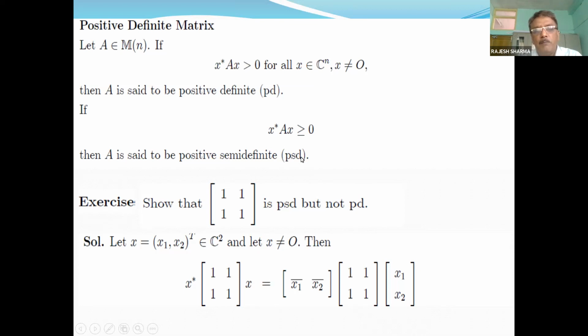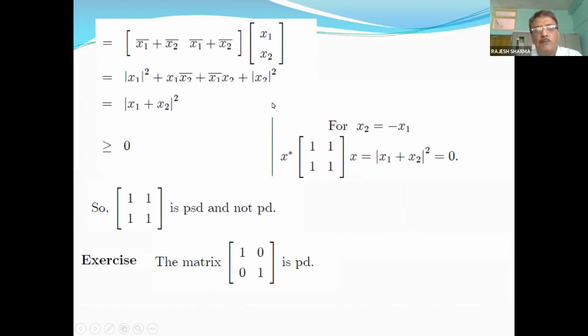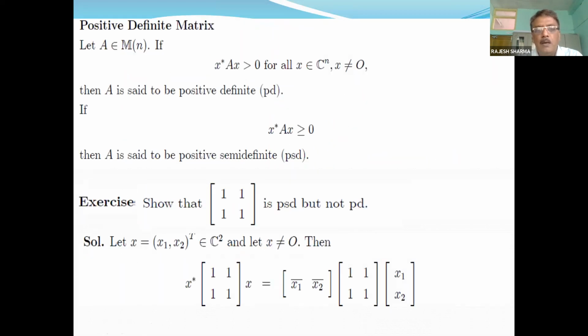We denote it by PSD, and positive definite by PD. Now x star Ax greater than or equal to 0 means that if for some x this equals 0, then it is positive semi-definite.